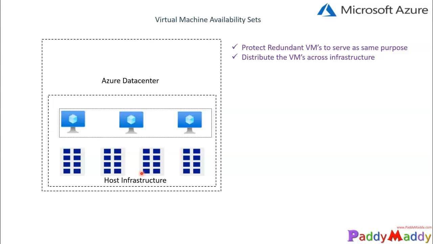Knowing that virtual machines are distributed across different physical infrastructures, there's a much better chance that the entire solution isn't going offline for us. And we are talking here about faults within the infrastructure of our data center.